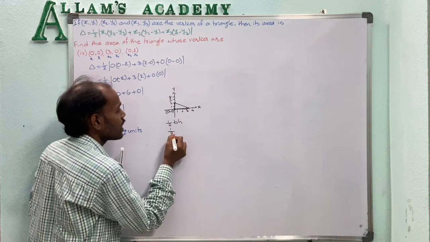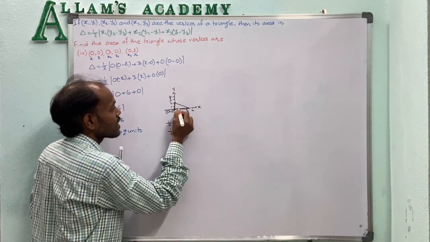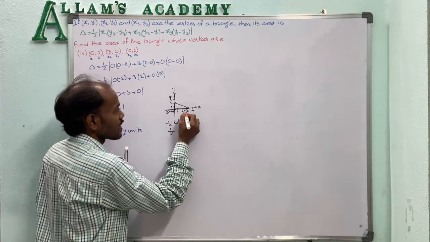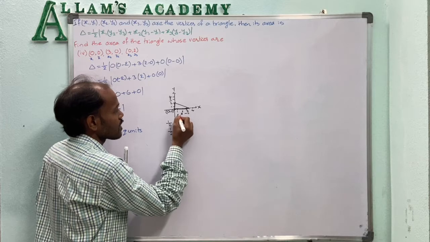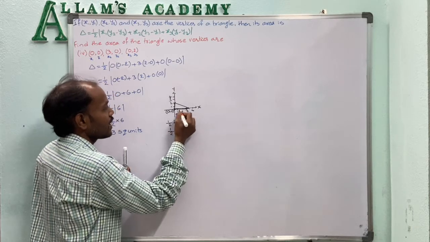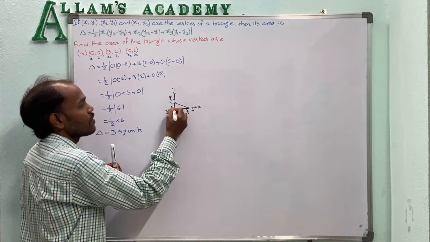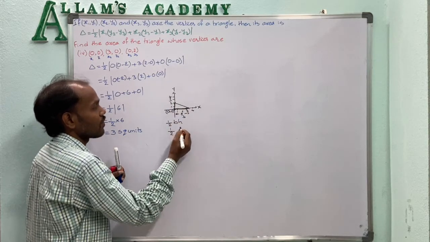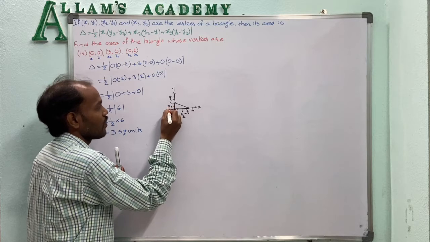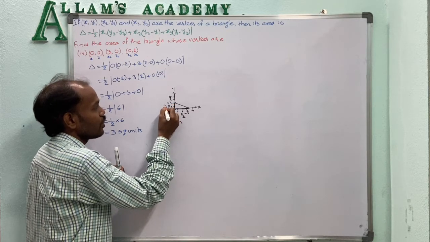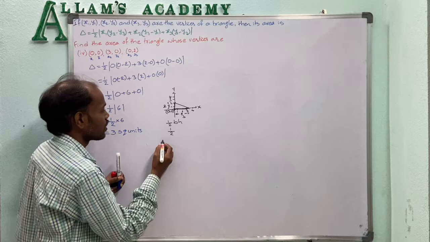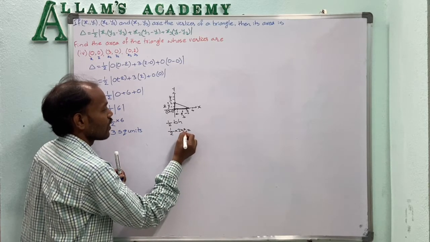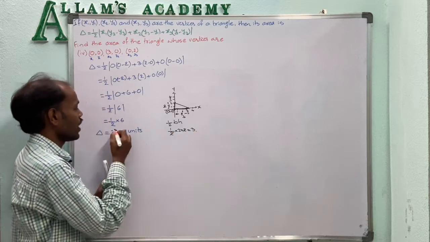So here the base B is nothing but the distance from the origin along the x axis, that is x units, that is 3 here, and the height h is nothing but the distance from 0 along the y axis, that is y units, that is here 2. So half into 3 into 2 equals 3 square units.